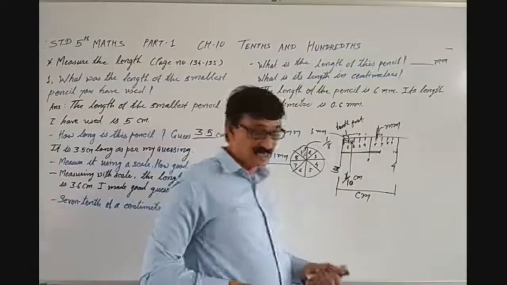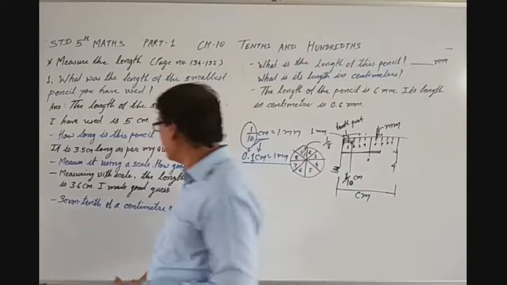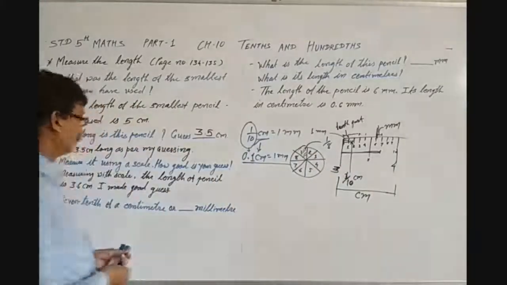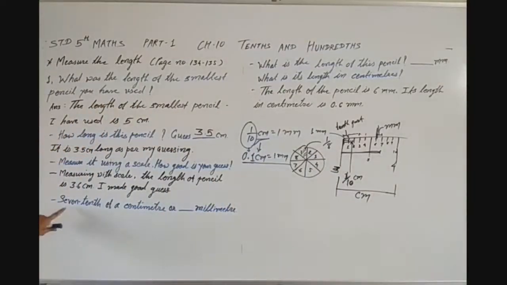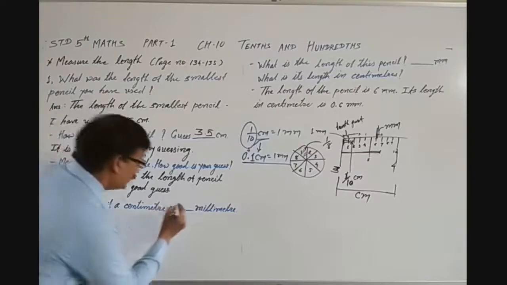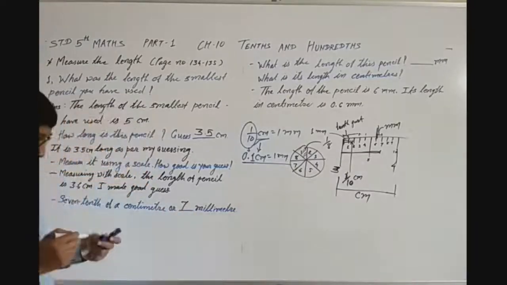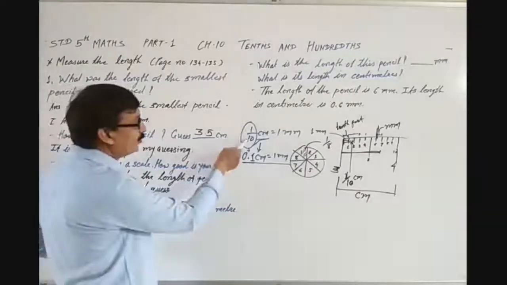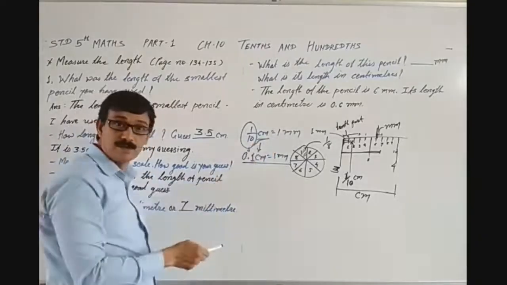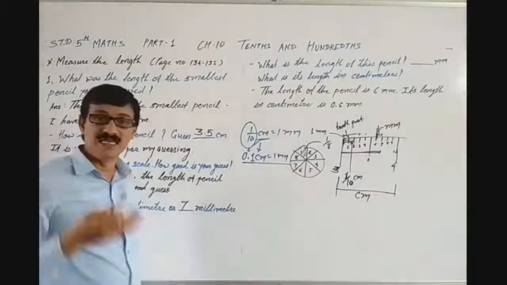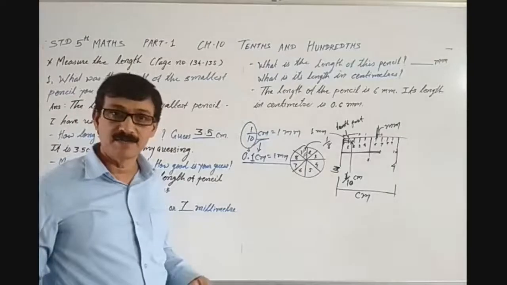So 7/10 of a centimeter, or here I can write 7 millimeters. See, 1/10 of a centimeter is equal to 1 millimeter. So 7/10 of a centimeter is equal to 7 millimeters.